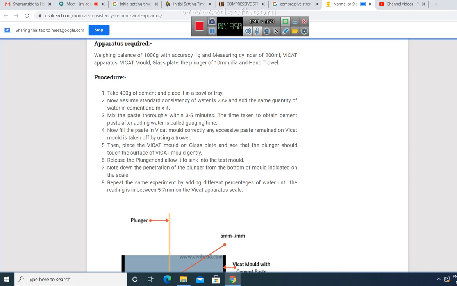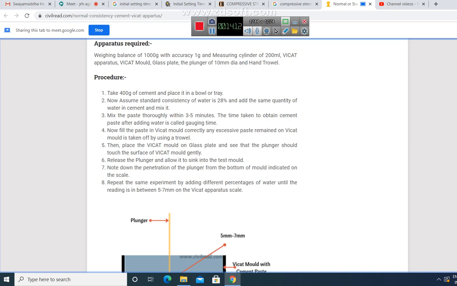The time between the instant at which you add water and the time at which a cement paste is obtained, you call that time the gauging time.